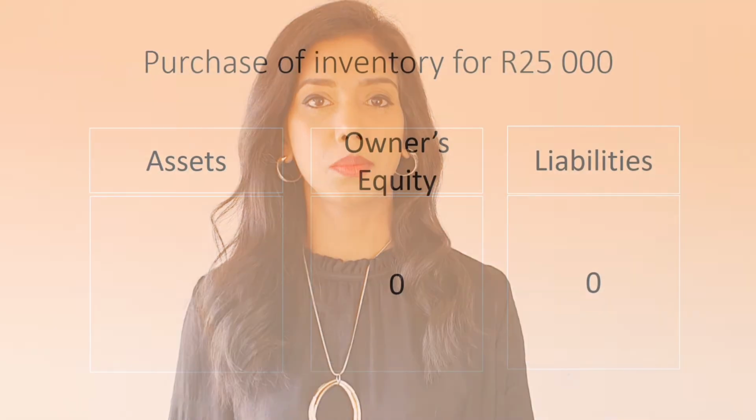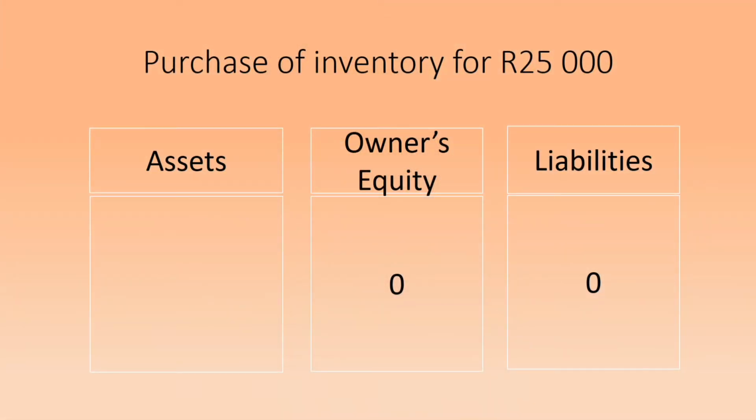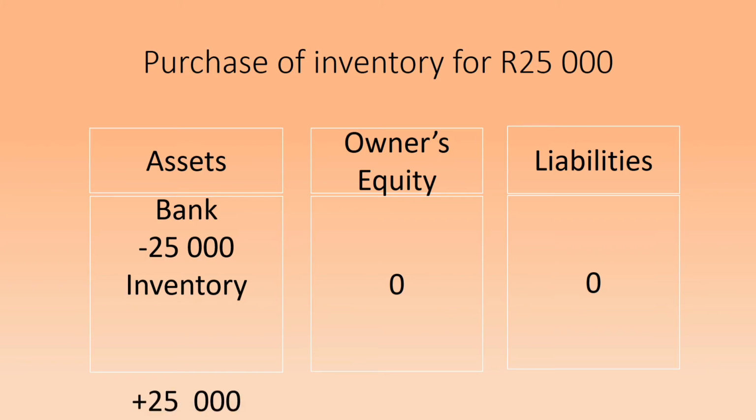So now that you have a basic understanding of the accounting equation, let's work through a few examples. Let's say that the business purchased inventory for 25,000 Rand. So bank has decreased by 25,000 Rand and inventory has increased by the same amount. The categories have changed, but the assets remain unchanged.